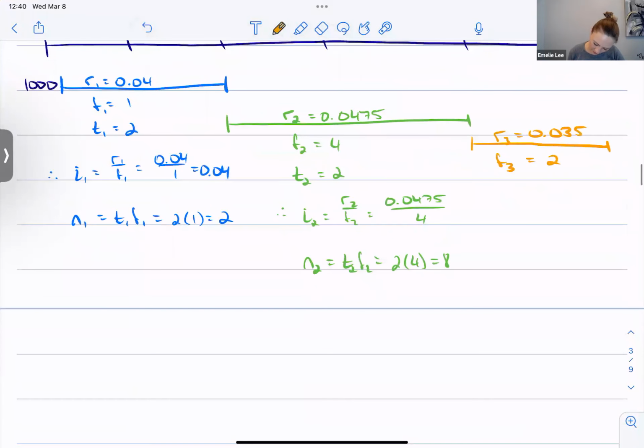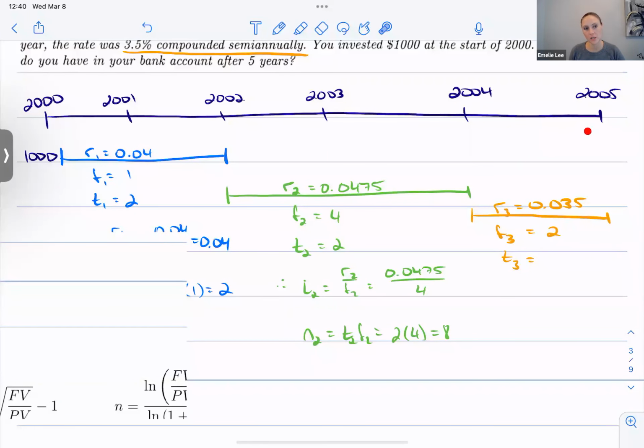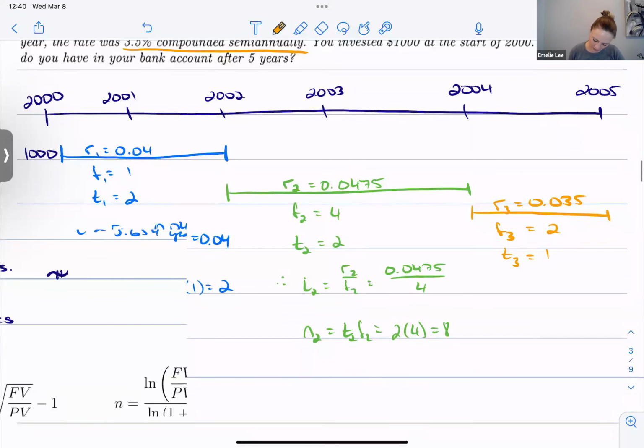And then T3 is just 1 year, 2004 to 2005. Remember, T is always in years, so that's not a surprise here.